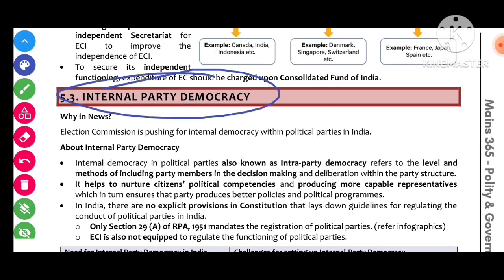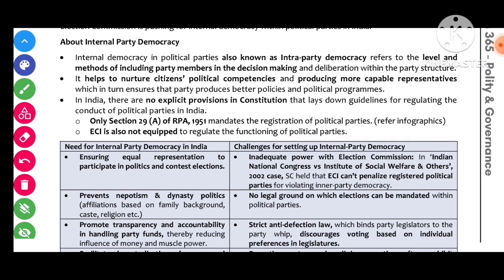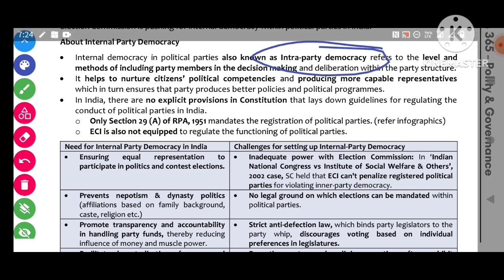Okay, internal party democracy. Why was it in the news? The Election Commission is pushing for internal democracy within political parties in India. And what is internal party democracy? It is also known as intra-party democracy.